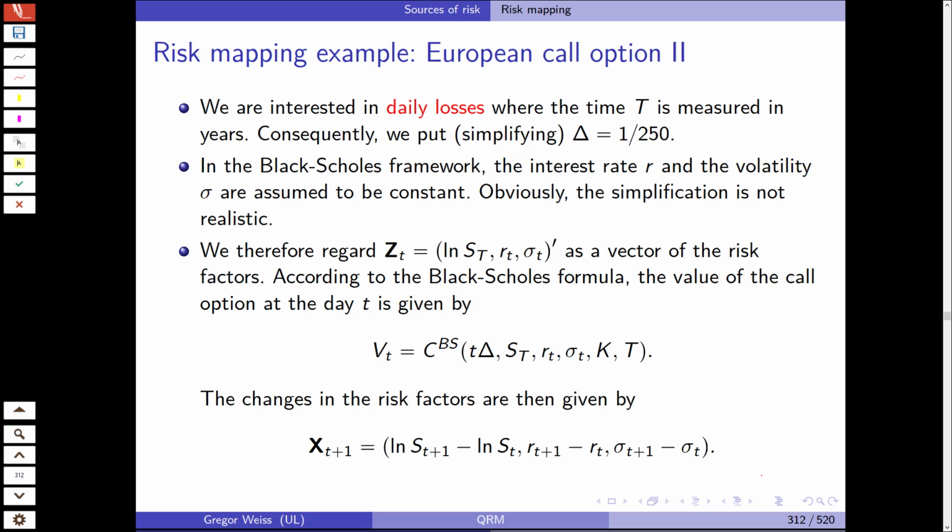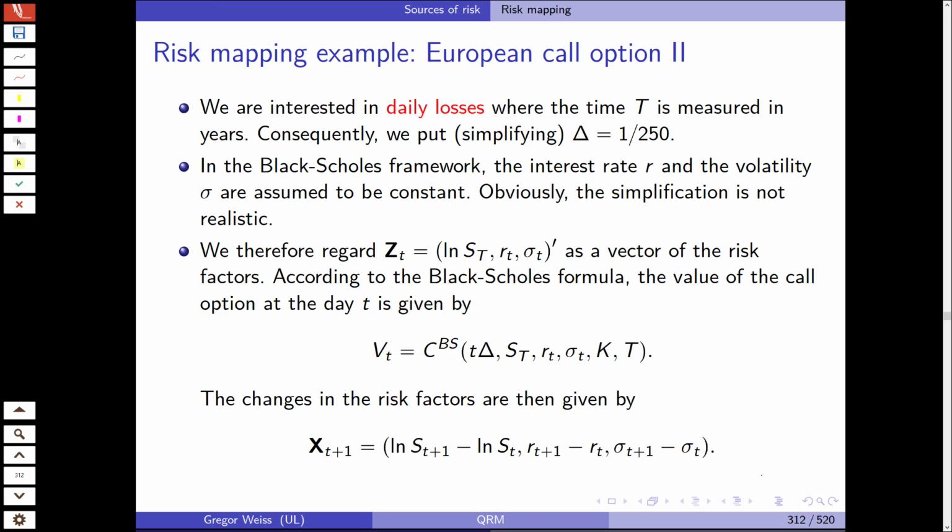Consequently, as a rather simplifying assumption, we put delta equal to 1/250. We assume we have 250 trading days. In the Black-Scholes framework, the interest rate r and volatility sigma are assumed to be constant in the basic case of the Black-Scholes model. Obviously, again, a simplification.